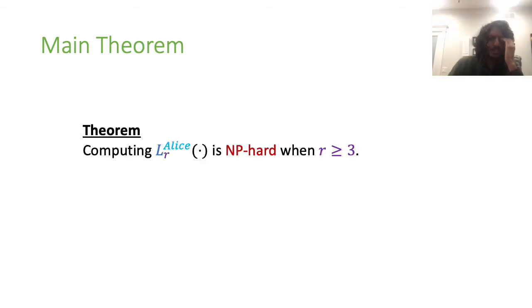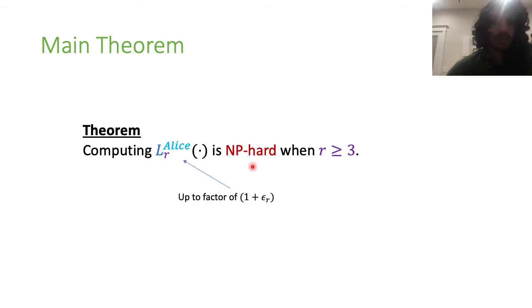Okay. Now let me state the main theorem a little bit more formally. The main theorem is that for any r greater than or equal to 3, computing the minimum number of leaves in an r-round protocol is NP-hard. To be clear, we actually show some hardness of approximation here, but not too much, just up to some small constant factor.